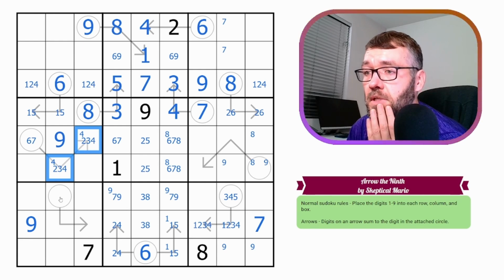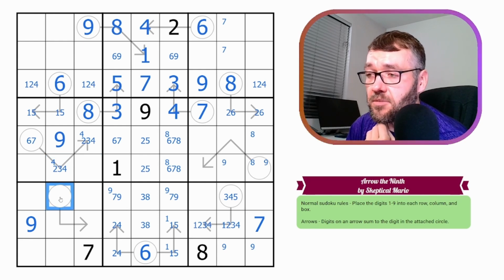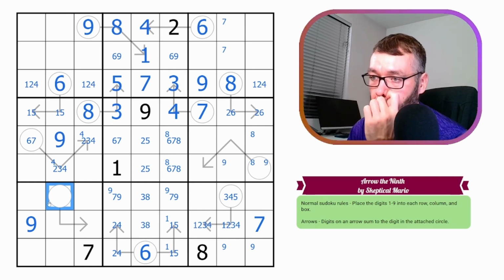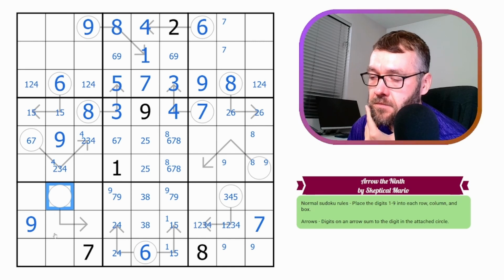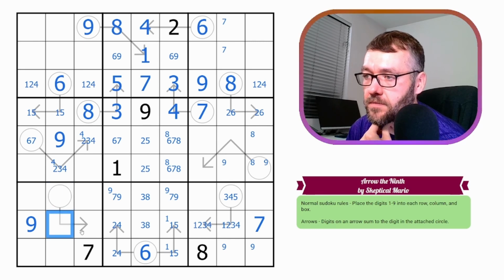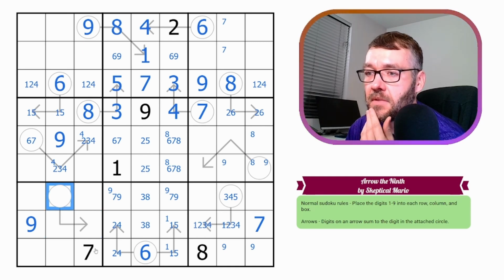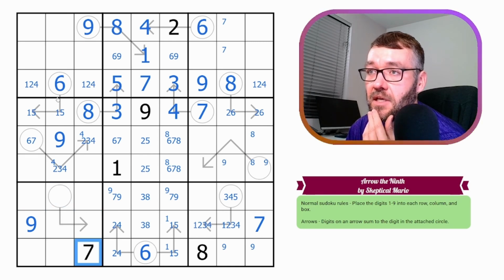All right. So what can this cell be? Can't be a 7 or 8, or a 7 or 9. Could it be an 8? We could do 6, 2. Or even 5, 3. So yeah, it could still be an 8. Can't be a 7, 9, 6.